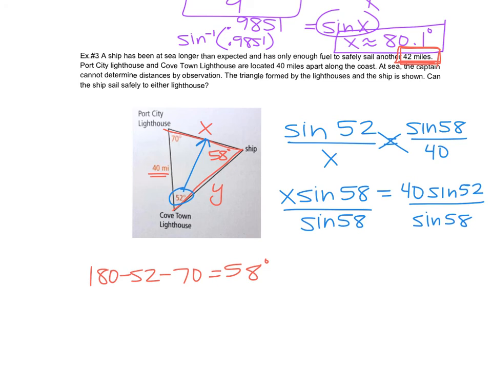Again, this is where you be very careful. Either put the parenthesis in right here or hit enter before you divide. Okay? So 40 sine 52 divided by sine 58. What do you get? 37.1, we'll say 37.2.